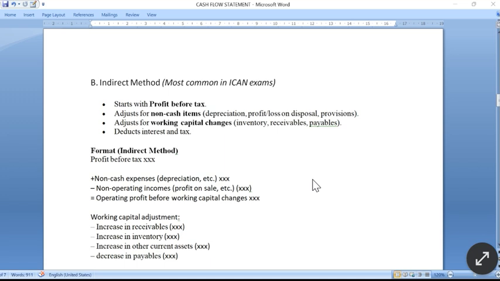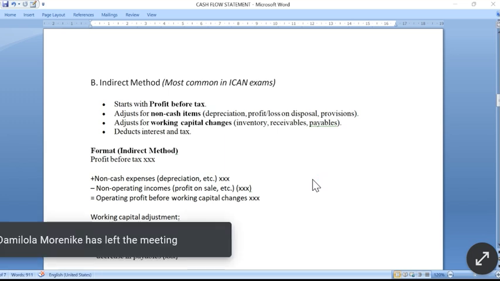Then adjust the non-cash items. Your non-cash items include depreciation, profit or loss on disposal, provisions, etc. Then you adjust for working capital, and that talks about our inventory, receivables, and payables. You understand?